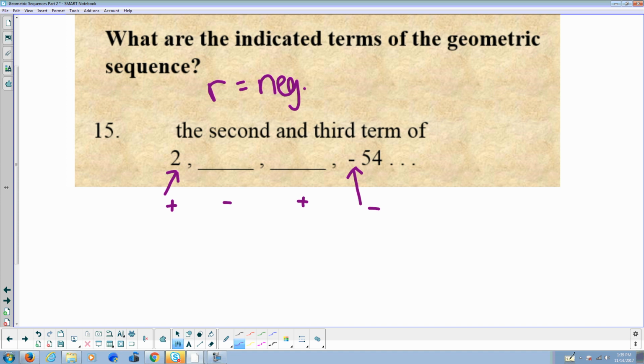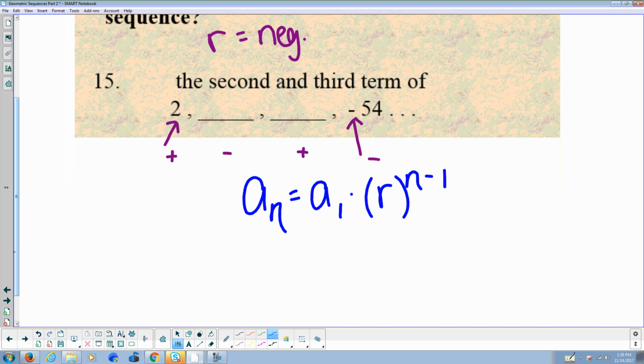So let's take a look at the geometric sequence formula. It says AN equals A1 times R raised to the n minus 1 power. Here, I could say that my first term given, A1, is 2. So I can substitute that value into the formula.